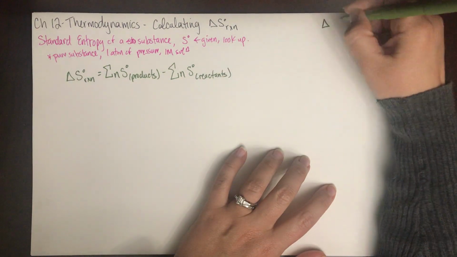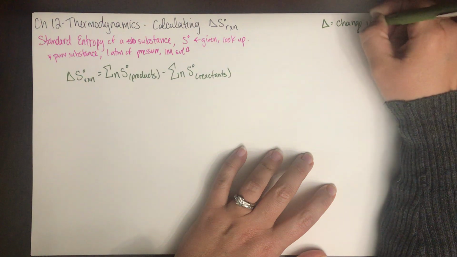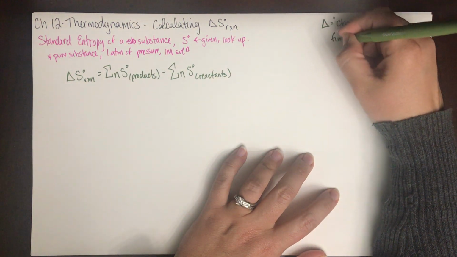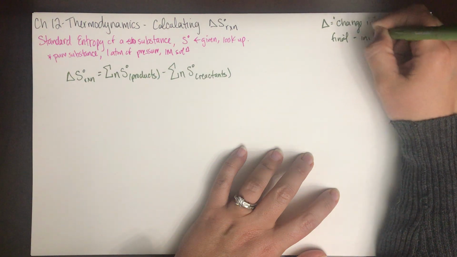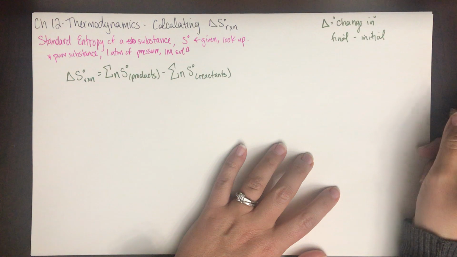Remember what delta means. Delta means change in, literally. And it's always final minus initial, which is why it's products minus reactants.